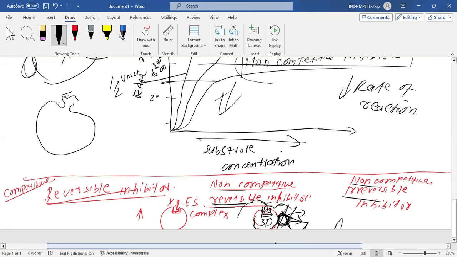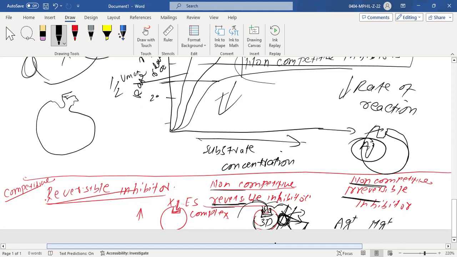Once they bind with the enzyme's globular structure, not on the active site, because these are non-competitive but irreversible, they will not be removed from here.